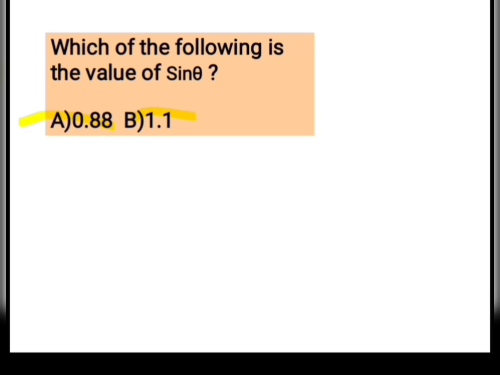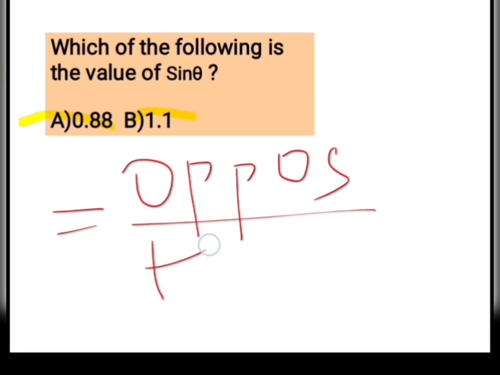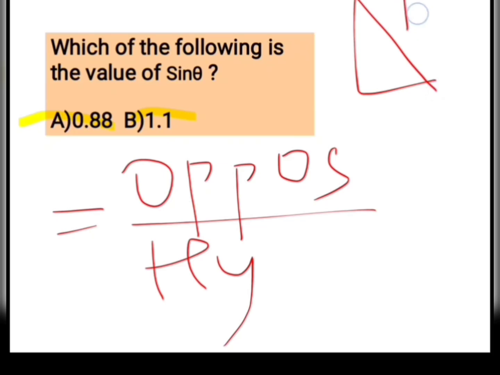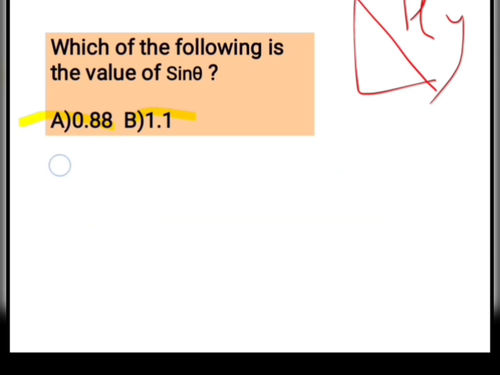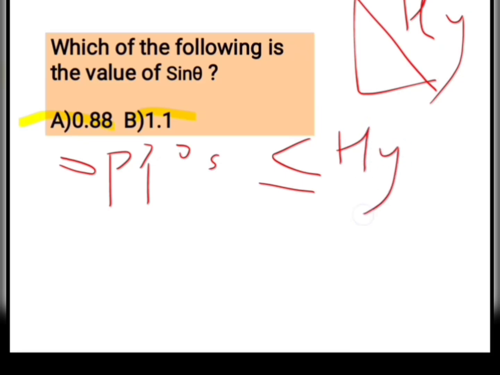Sin theta is equal to opposite side by hypotenuse. For a right angle triangle, the hypotenuse is always greater than or equal to the opposite or adjacent side. So we know for a right angle triangle, the opposite side or adjacent side is less than or equal to the hypotenuse, but will not be greater than the hypotenuse.